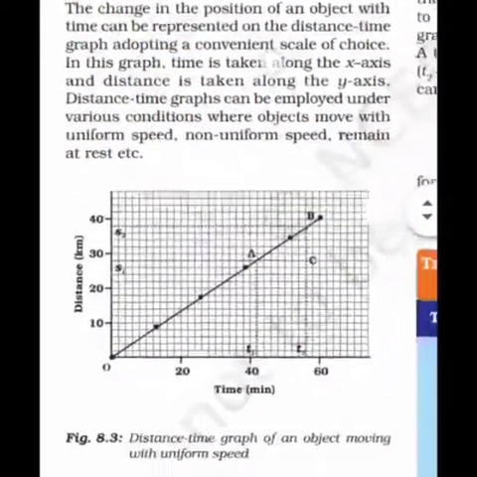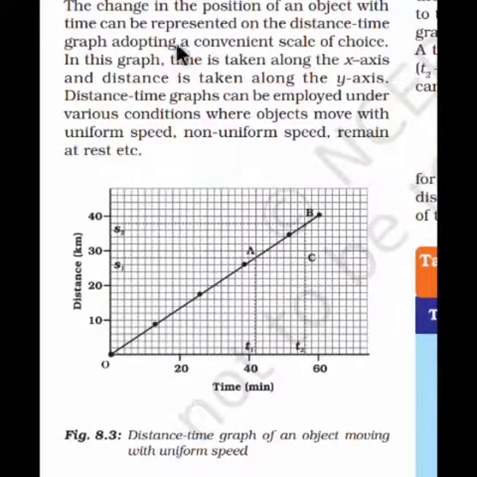Here, the distance-time graph. Before we learn all this content, first draw your attention towards figure number 8.3. Here you can see the graph paper. This is the normal graph paper, and this is the point O. From O in this direction is the y-axis, and from O in this direction is the x-axis. On the x-axis the time is mentioned, while on the y-axis distance is mentioned.